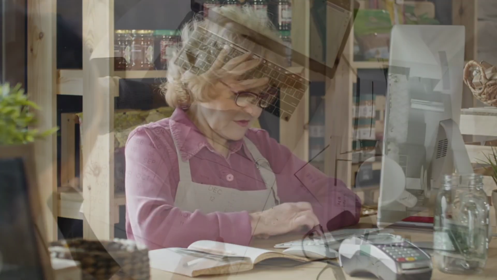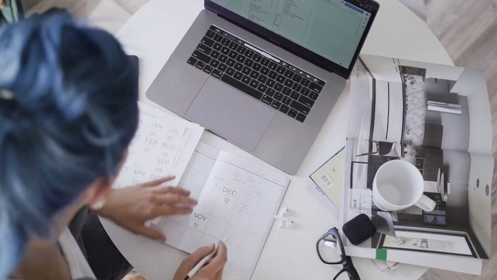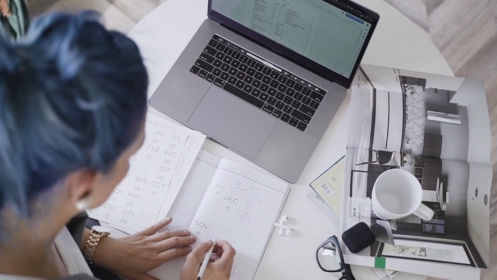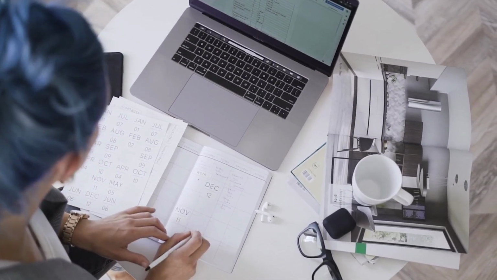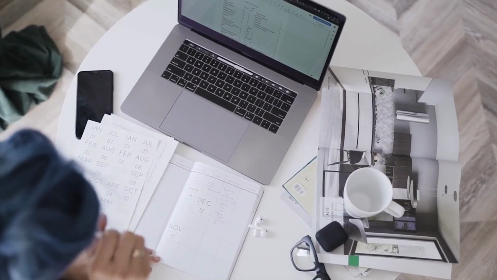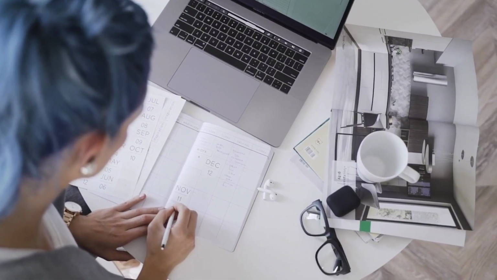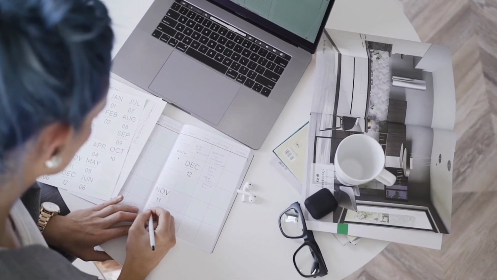For small business owners, managing expenses effectively is crucial because it directly impacts your bottom line, meaning your profit. And even more so for those starting out and those operating on a shoestring budget. The less money you waste on unnecessary costs, the more profit you keep in your pocket.